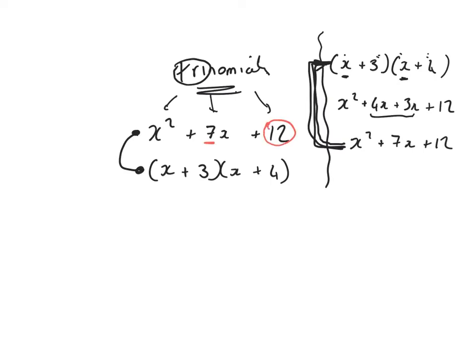Some numbers that multiply together to give 12 could be 1 and 12, 2 and 6, 3 and 4, because 1 times 12 is 12, 2 times 6 is 12, and 3 times 4 is 12. However, the only one that also adds together to give 7 in the middle is 3 and 4. So we then write that as (x plus 3)(x plus 4).